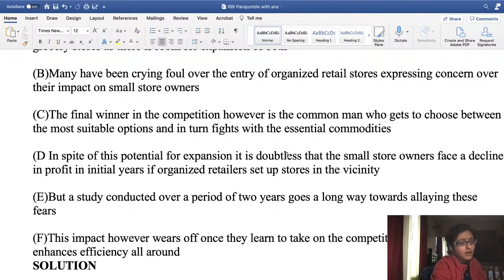E, not F. Okay, but look, sir, the word impact is there in B. The word impact is also there in F. So that is a link. So I feel B and F should be a pair. Why not? Arvind, Manali ma'am is no, but sir, look at the word impact. B and F have the same word, impact. What is the problem?